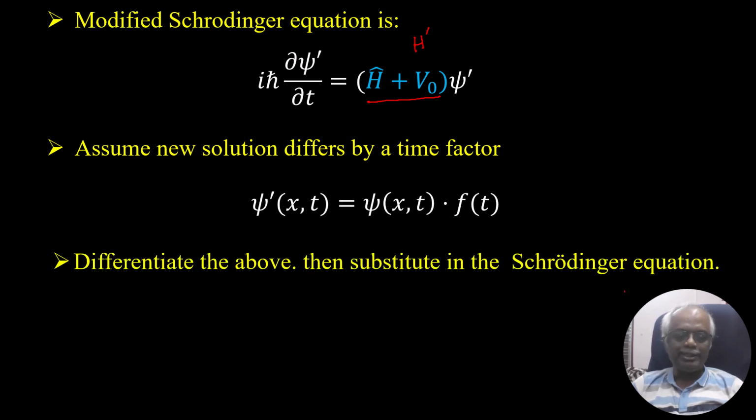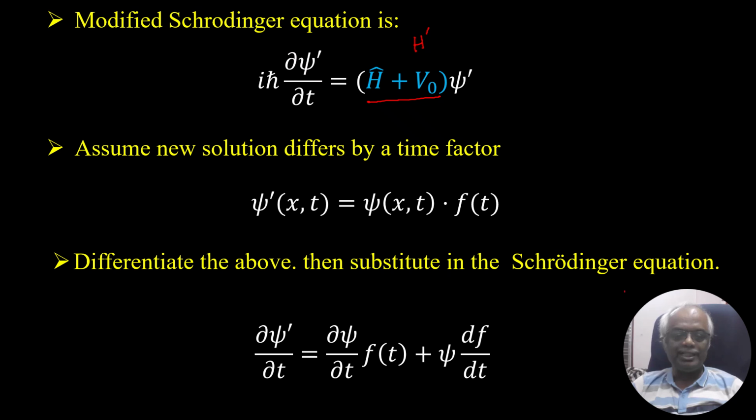Now differentiate the above, then substitute in the Schrödinger equation. First you carry out the differentiation. Delta psi prime over delta t is equal to delta psi over delta t times f of t, keeping f of t as it is.